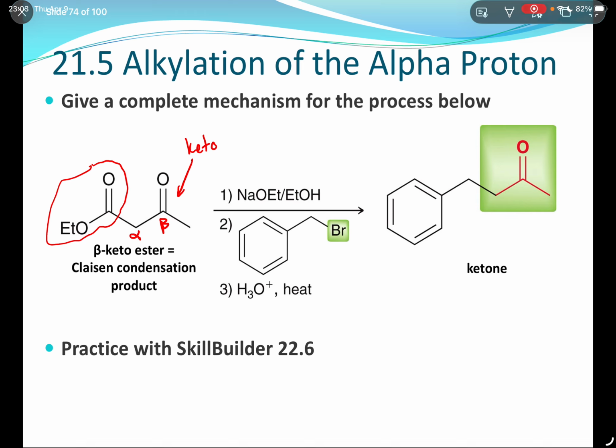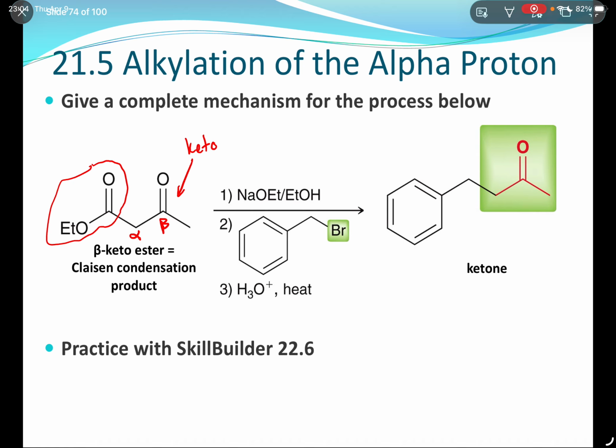So once you do a Claisen condensation, you can follow it up with these new reaction conditions in order to ultimately create just a ketone. Let's go through what these steps are doing, and I'm going to end the slides on a blank slide where you can practice drawing out the mechanism for this reaction.